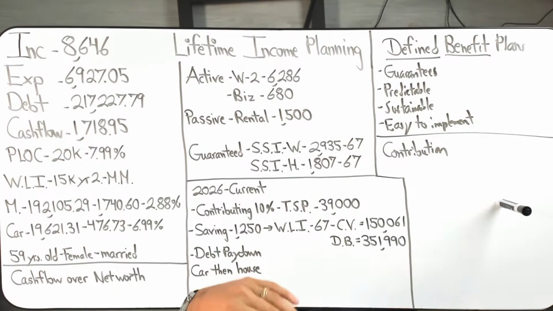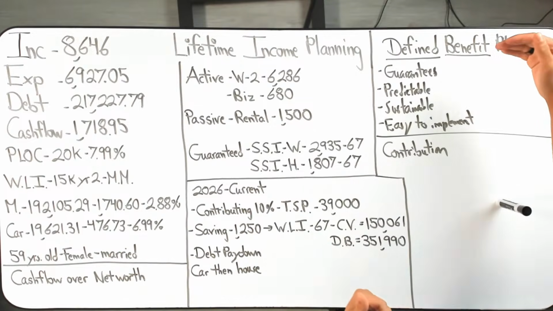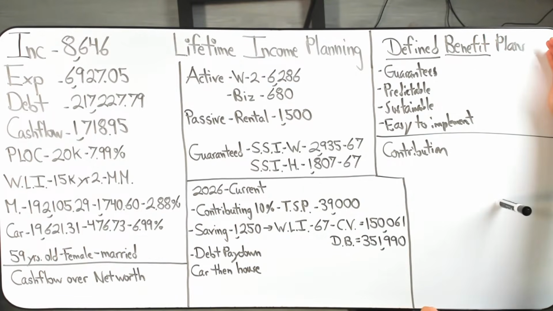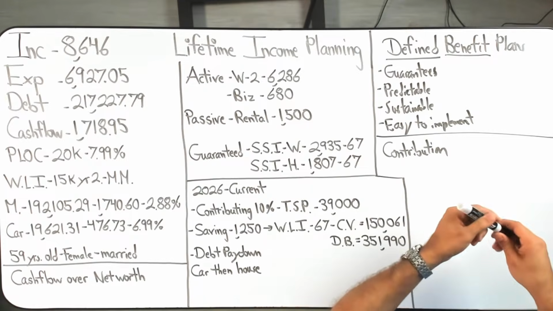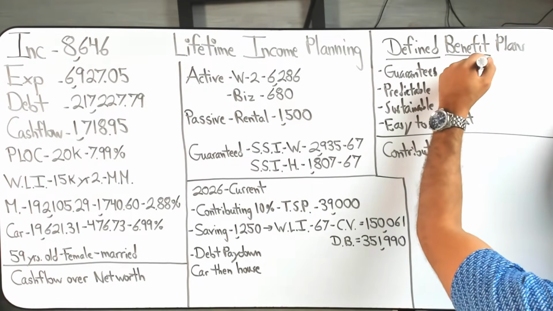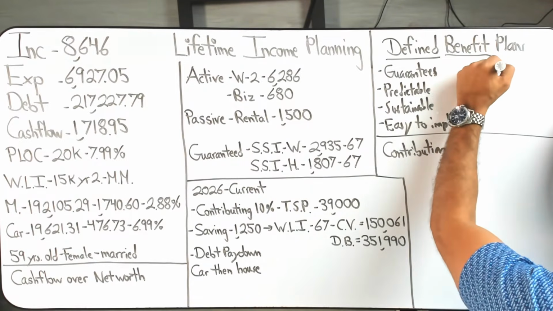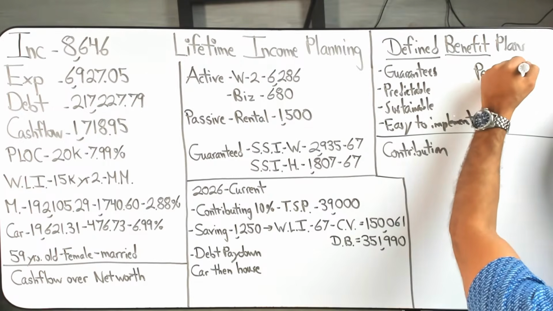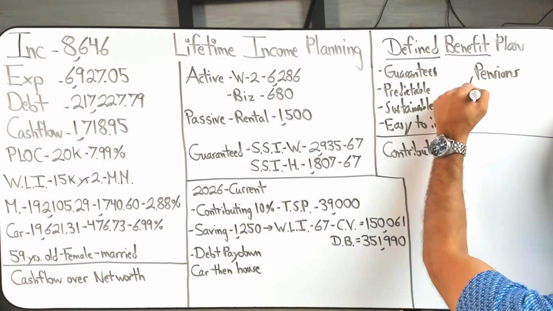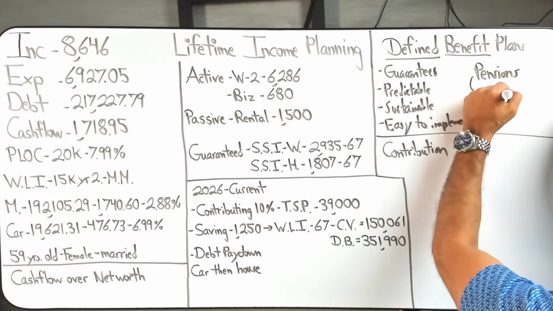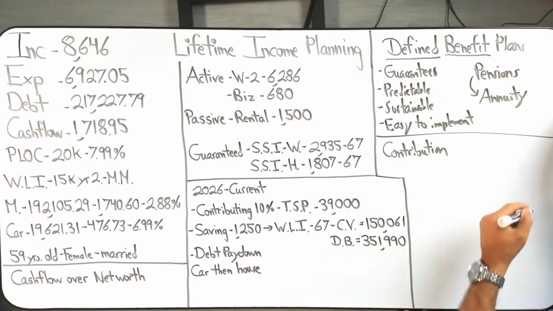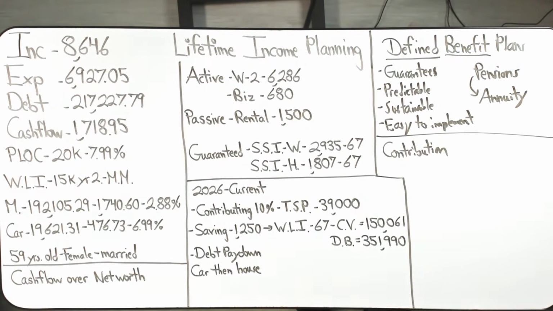These are welfare programs that can potentially pay income for the rest of someone's life, and then a defined benefit plan. Those are made up of pensions. And a pension, another word, is an annuity. That's it. That's all that exists.